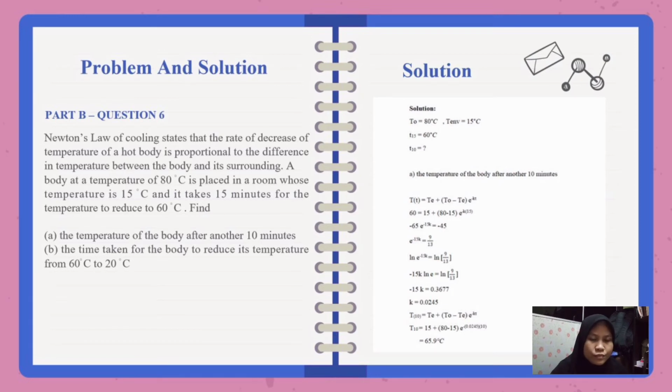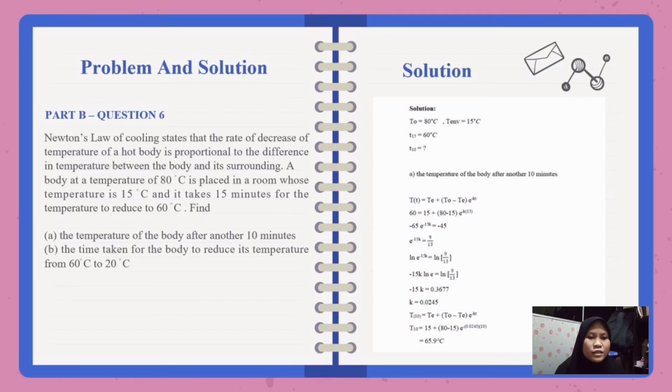So we get negative 65 exponent negative 15k equal to negative 45, and exponent negative 15k we get equal to 9 divided by 13, and we get ln exponent negative 15k is equal to ln in bracket 9 divided by 13.